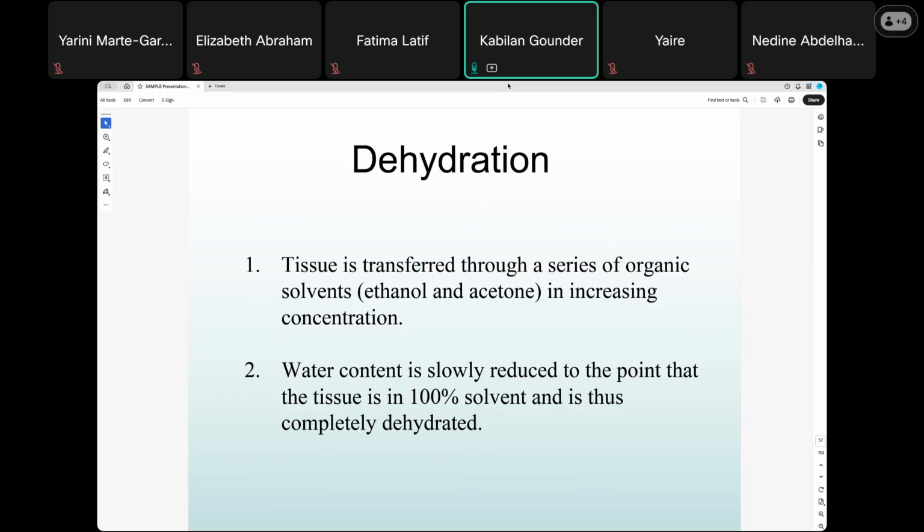To avoid this kind of thing, we should remove the water content without affecting the samples.